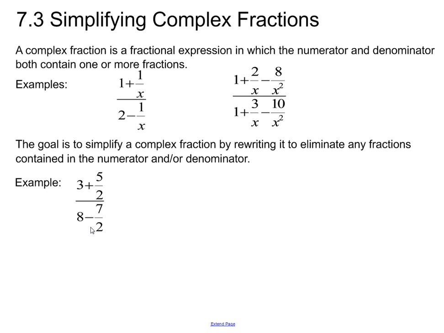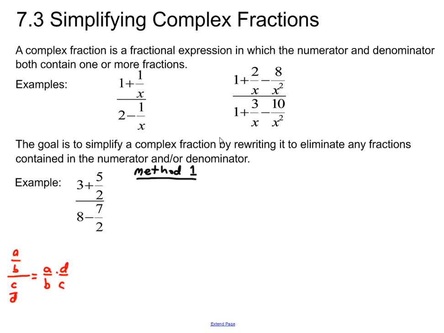In order to combine our two fractions, this method states that we should add the fractions together in the numerator and denominator so that we can get a single fraction over a single fraction, and then take advantage of the rule that says that anytime we have a over b divided by c over d, we invert and multiply our denominator fraction to make it a over b times d over c.